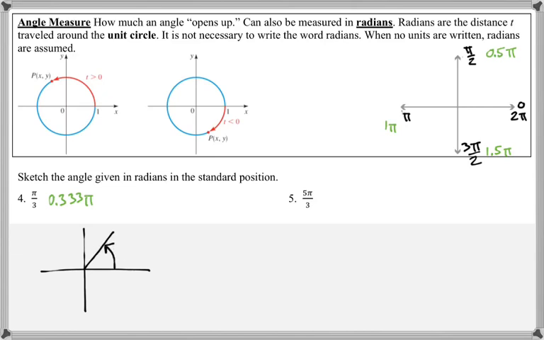And then 5 pi over 3, if you just type in 5 over 3 on your calculator and don't type in the pi, you get 1.6 repeating. So 1.6 is bigger than 1.5, so that's going to be in quadrant 4. I'm looking at my quadrants here to know where to sketch this angle. So that's going to be right here.